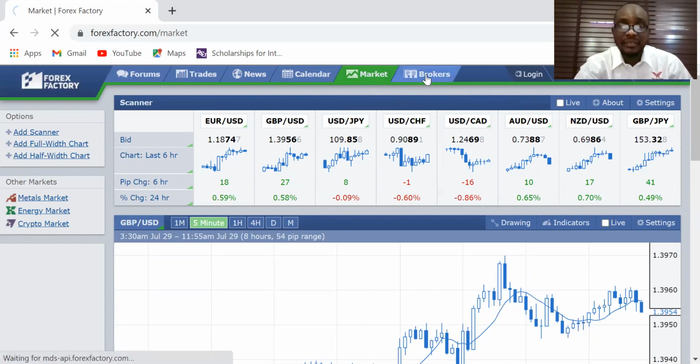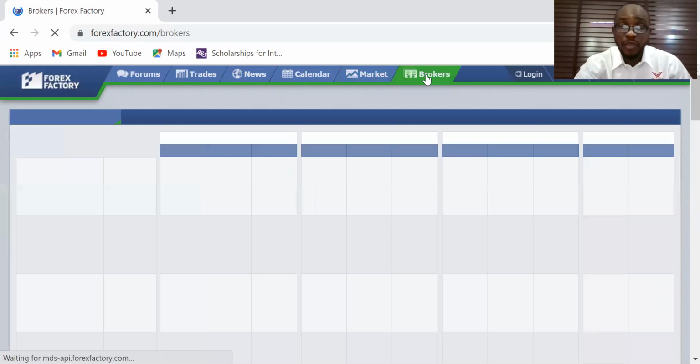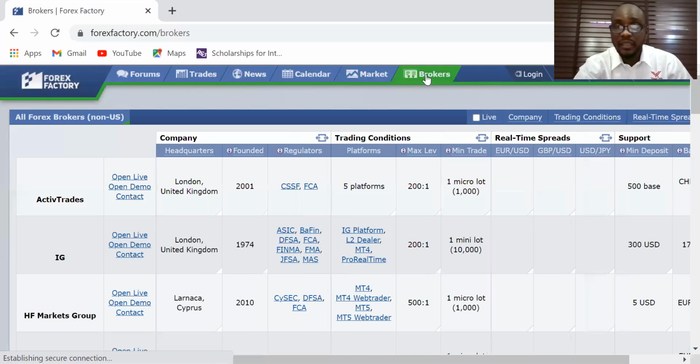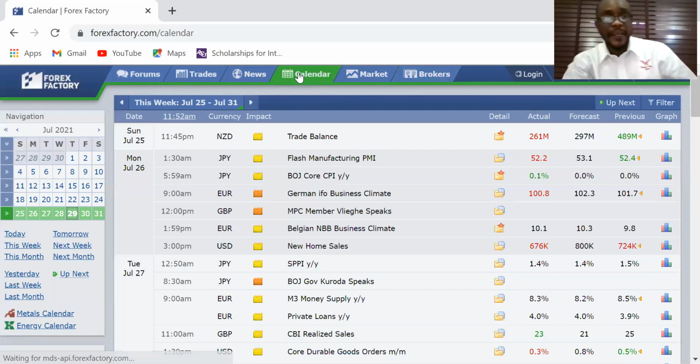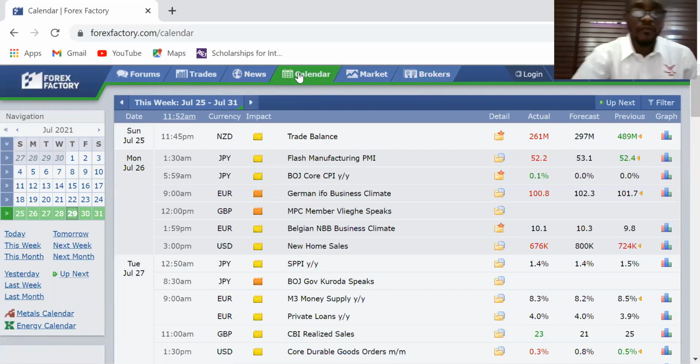Under your brokers, you can select the kind of broker you want to use, put in your details, log in, and trade the one you want to use. Now, Forex Factory is free, but there are some services you might require from them, and you might need to pay a token.